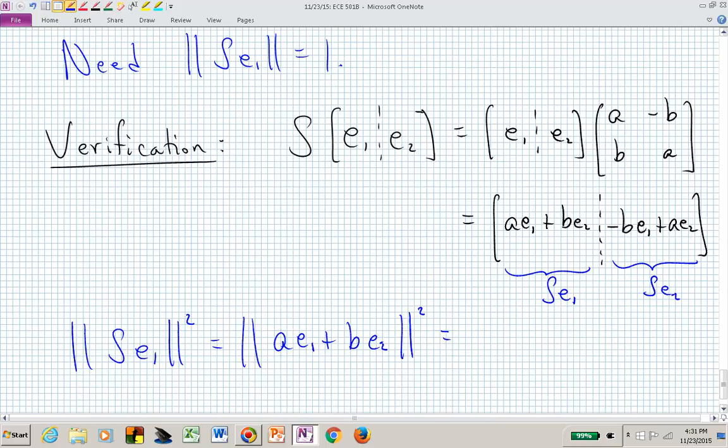But what do we know about E1 and E2? Those were orthonormal, which now says if we have this linear combination of orthonormal vectors, what's the norm squared going to be?